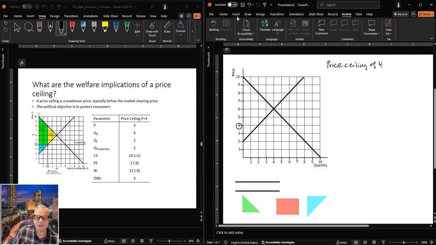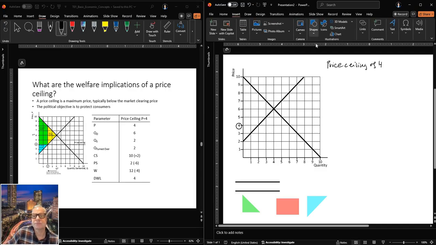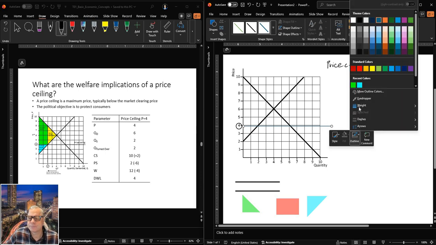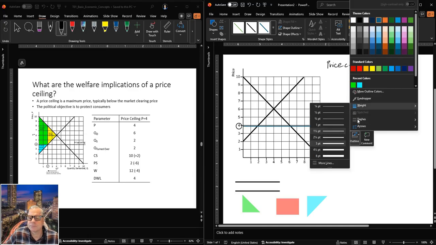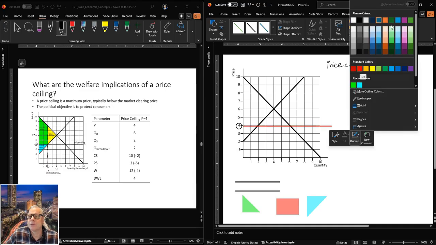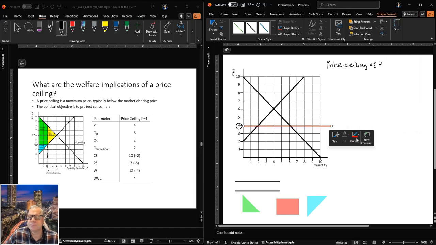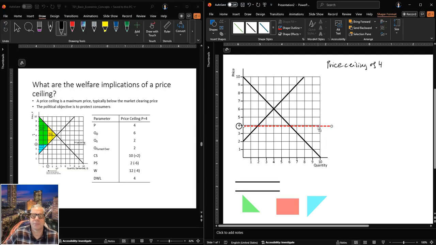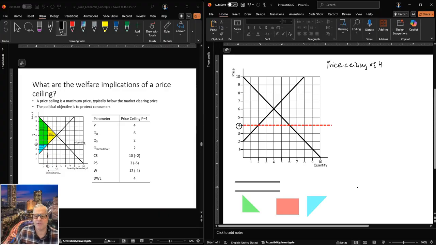So now if the price is 4, so here's the price. Let's make it red.